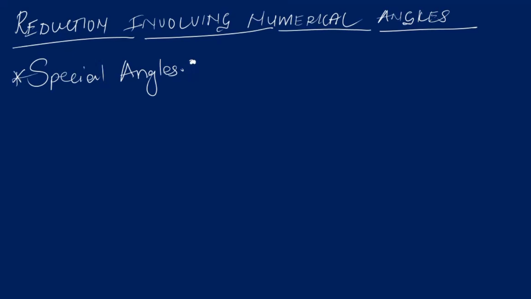First, it starts by you knowing the special angles exactly in their order. We have 0 degrees as a special angle. We have 30 degrees, 45 degrees, 60 degrees, and 90 degrees as special angles.